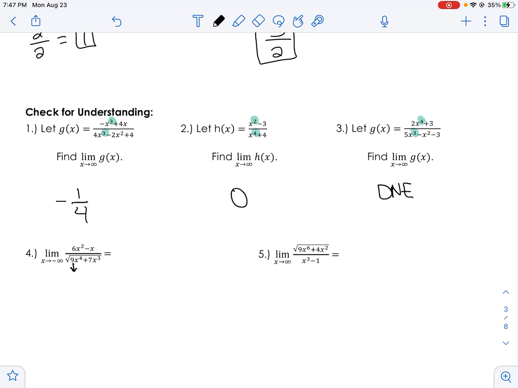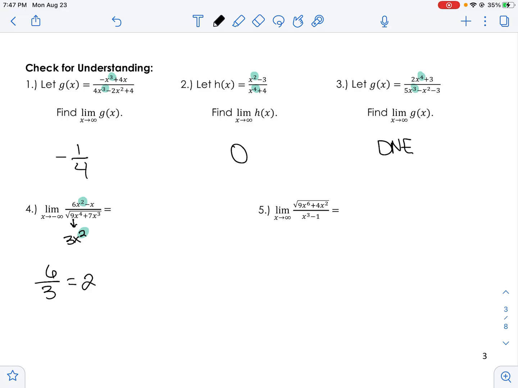Number 4, I'm going to take the square root of 9x to the 4th. I get 3x squared. Therefore, my degrees are the same. So I take a ratio of the leading coefficients, which is 6 over 3, and that gives me 2.